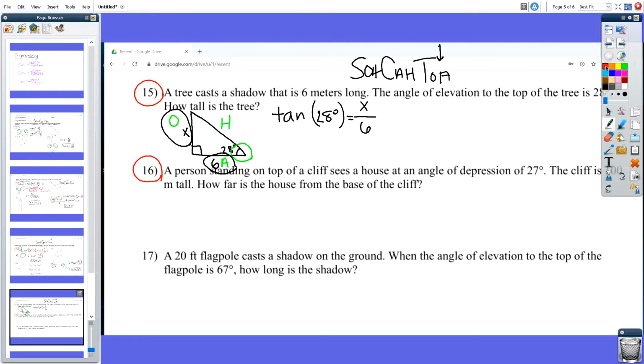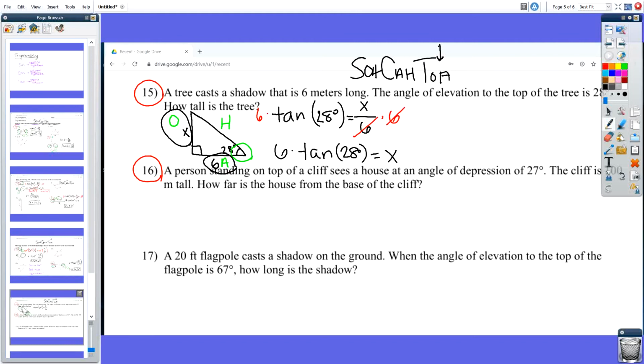I'm going to multiply both sides by 6, and that will leave me with 6 times tangent of 28 degrees is equal to x. So I'm going to plug that right in. 6 times tangent of 28.